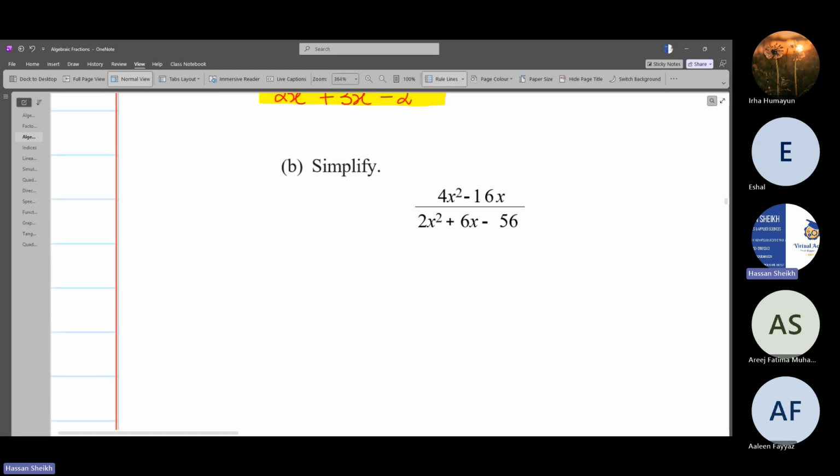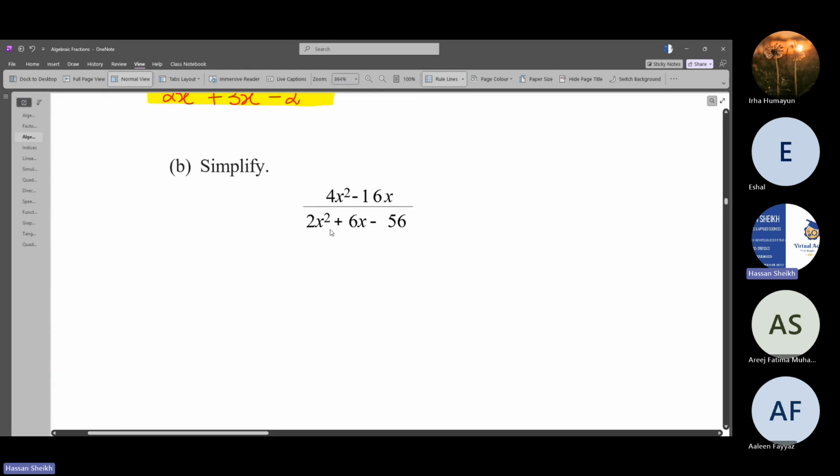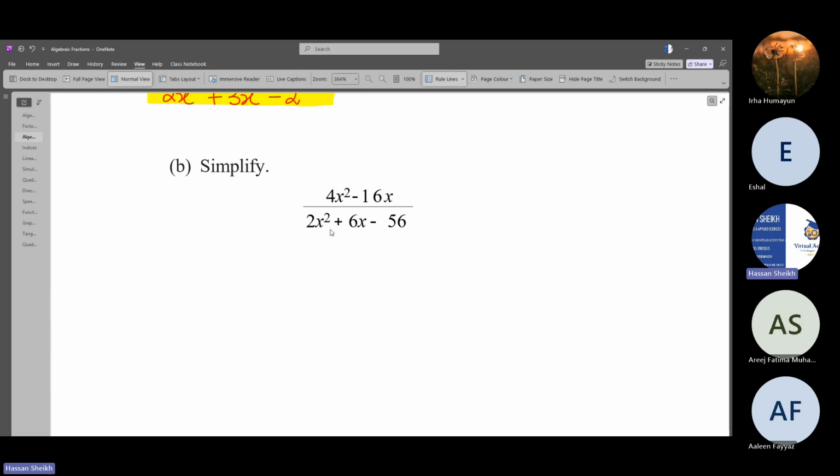Over here, it is not a quadratic equation, but there is a quadratic expression written in the numerator, and there is a quadratic expression written in the denominator as well. Do you agree with this statement? Yes. Because the maximum power is 2 in both numerator and denominator.